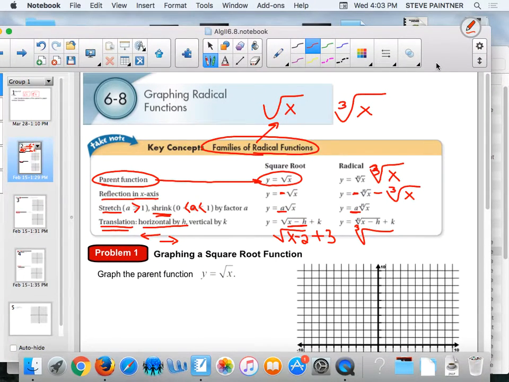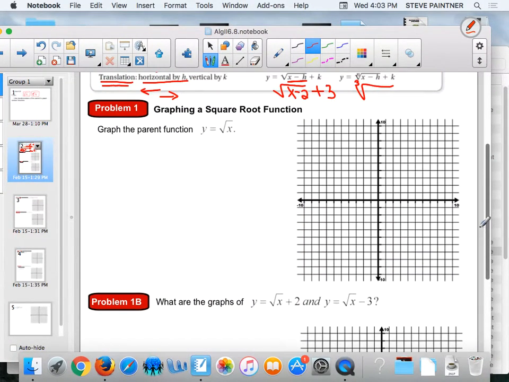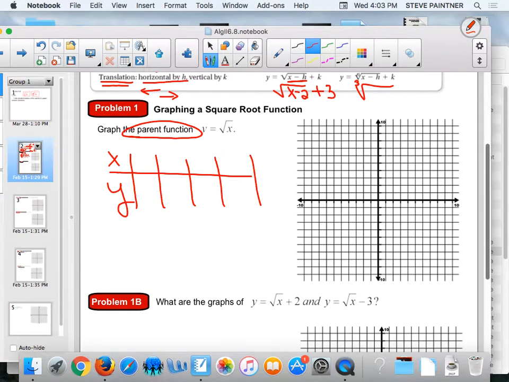Okay? Next. Here we go. This is your parent function. This is, I believe, brand new to you. I do not think you did this in Algebra 1. So let's start by plugging numbers into the square root of x. This is the parent function.